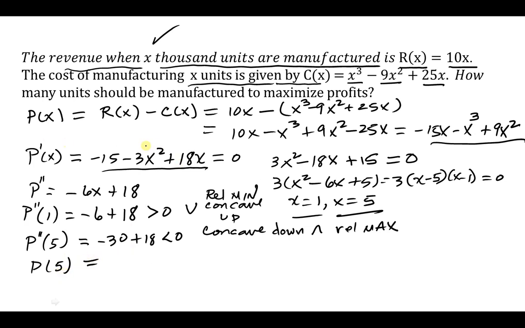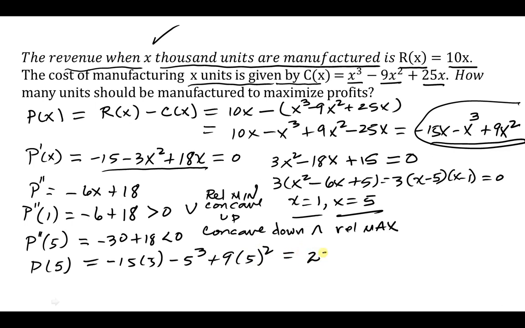We can calculate that in the original equation, and plugging in 5, we get minus 15 times 5 minus 5 cubed plus 9 times 5 squared equals 25. So the profit is 25, and by the way, this is in millions, so we would make $25 million profit if we manufacture 5,000 units.